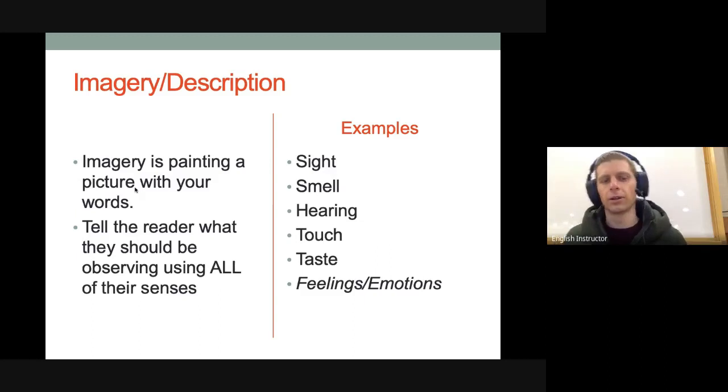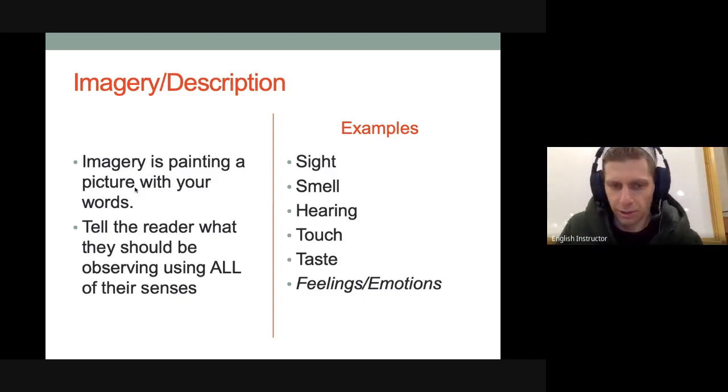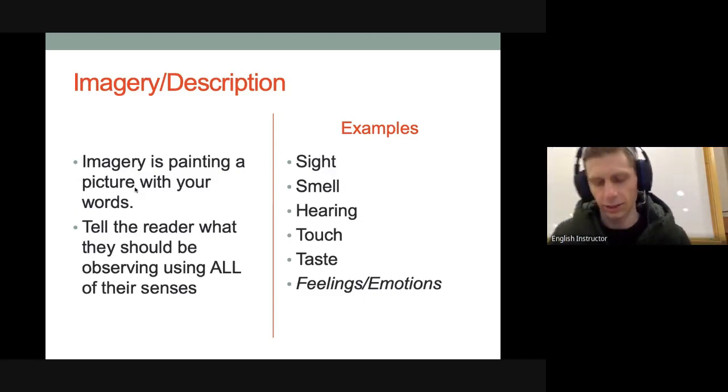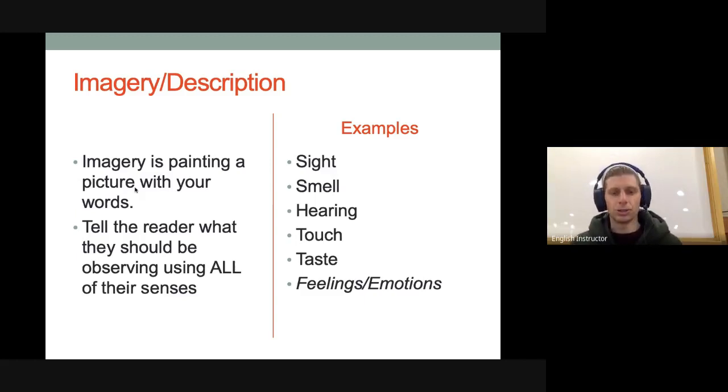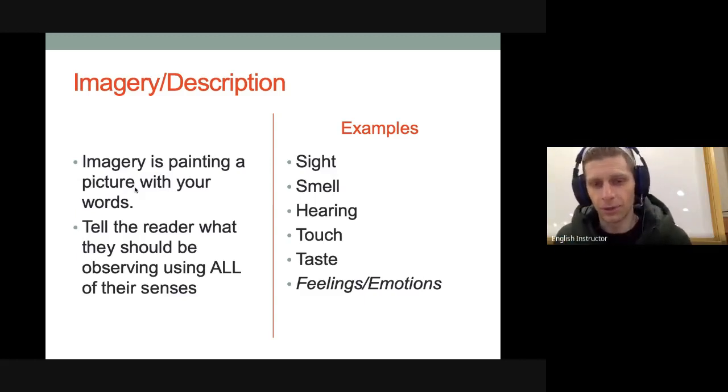You tell the reader everything that they should be observing, everything they can see using their imagination, because you're using their 5 senses to trigger different memories or ideas about what something looks like or sounds like.